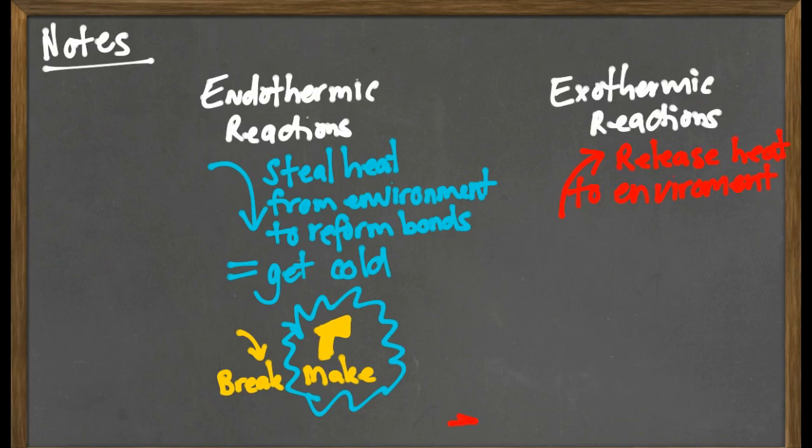And exothermic reactions release heat to the environment, or energy, because sometimes it's not just heat, it can be sound, light, electricity. And when reforming the bonds, we actually feel heat or hot. And that's because when you break the atoms apart, you release energy, but you don't use all of that energy up to make the new bonds. And there you have it, endothermic and exothermic reactions.